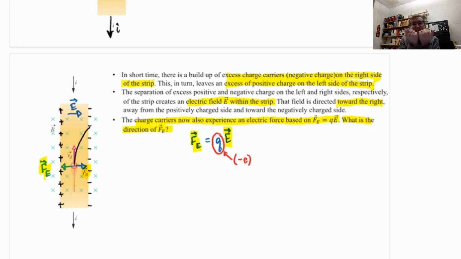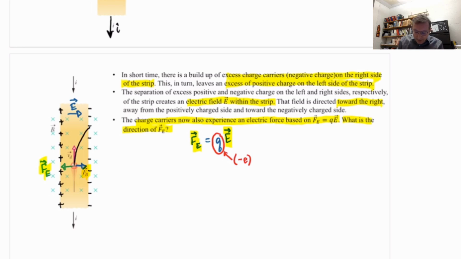And once you get to that steady state configuration, then conduction electrons can just drift straight along the strip. All of this happens relatively quickly. And that's really what we're interested in once we get to this steady state.